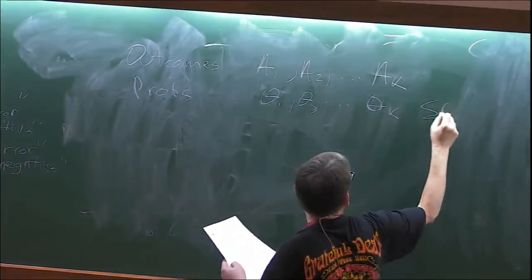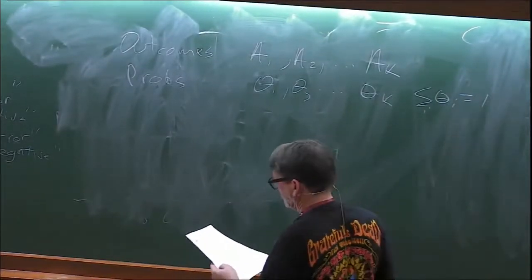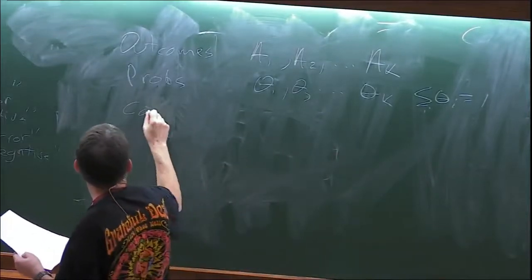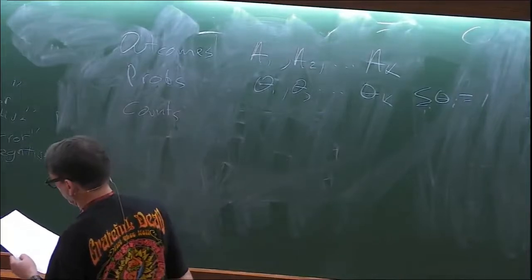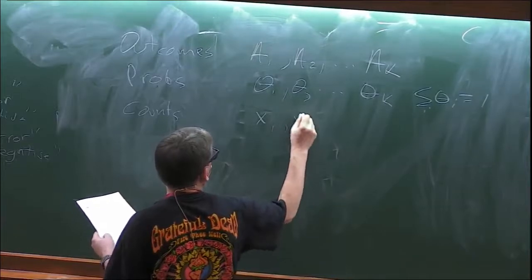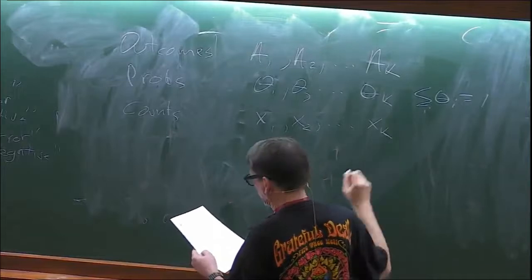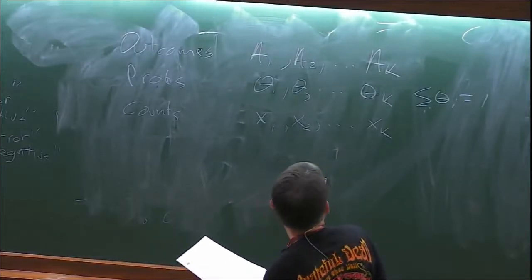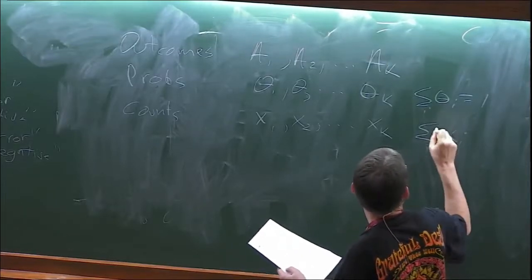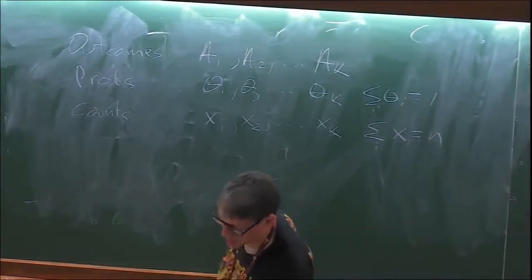Of course, they all sum to 1. Then you have observations, which are counts: X1, X2, up to XK, and all of the counts sum to n. In other words, you did n trials.